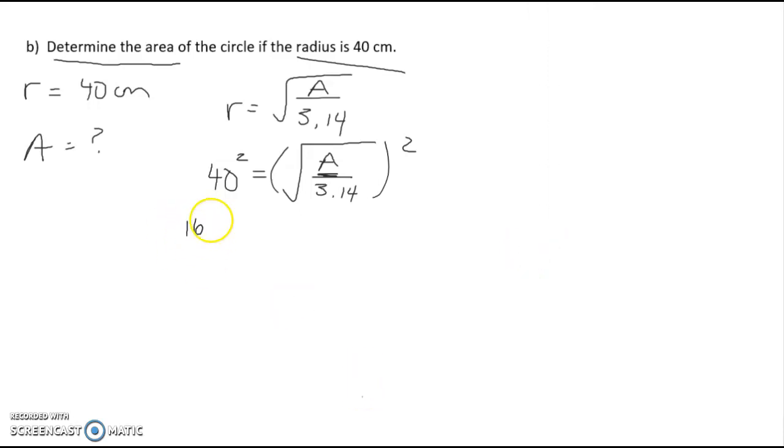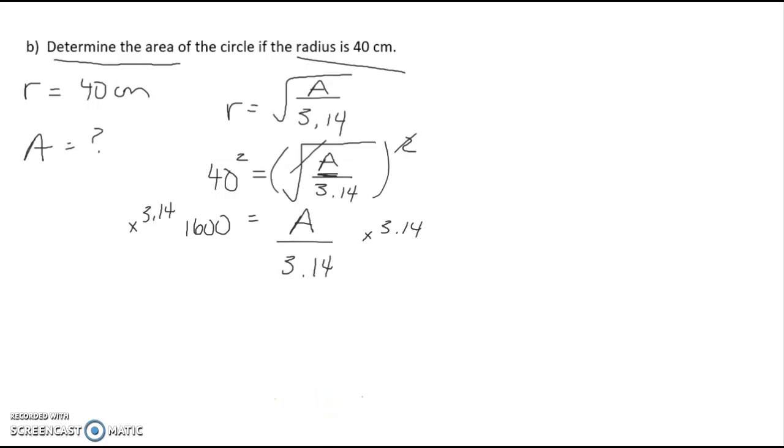So 1,600 equals, now squared and square root cancel, and we just have A divided by 3.14. Next step is we want to get rid of this divided by 3.14, so we multiply by 3.14. You do it on one side, you do it to the other side.